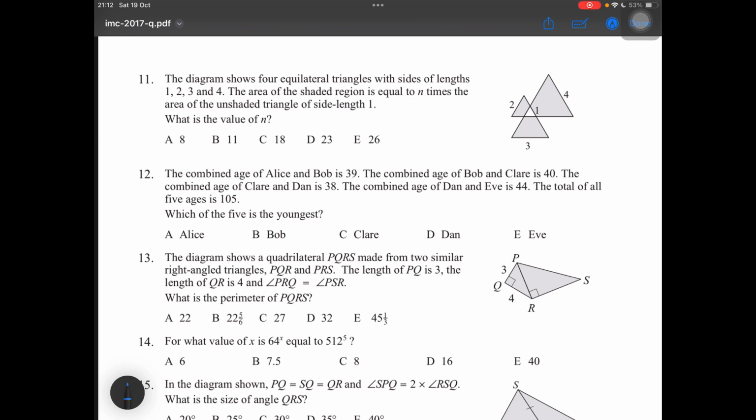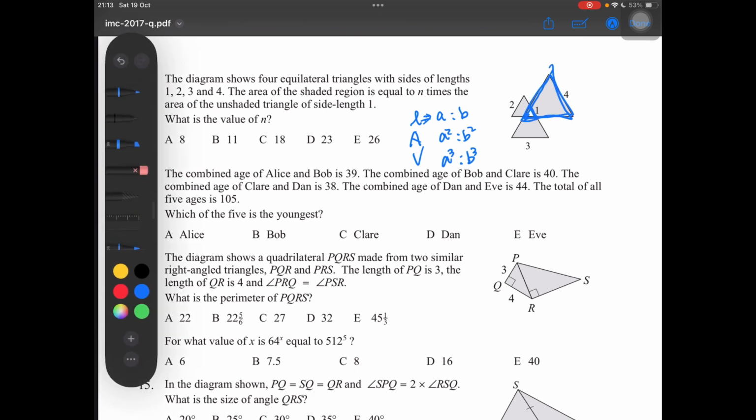If the length ratio is A to B, then the area ratio is A squared to B squared, and the volume ratio is A cubed to B cubed. So for example, this small triangle and this large triangle are similar, 1 to 4. So the triangle area should be 1 to 16.